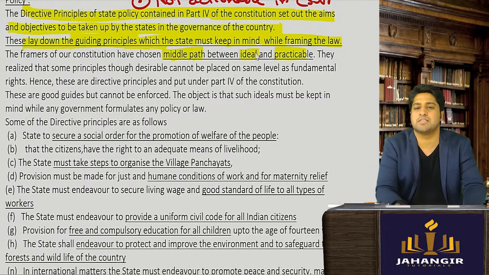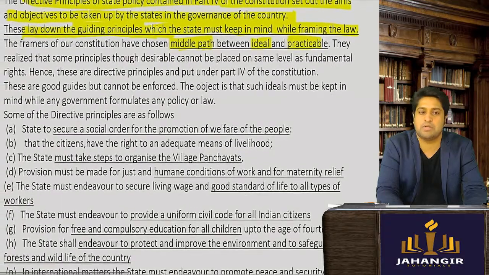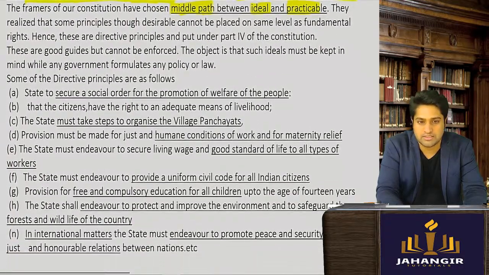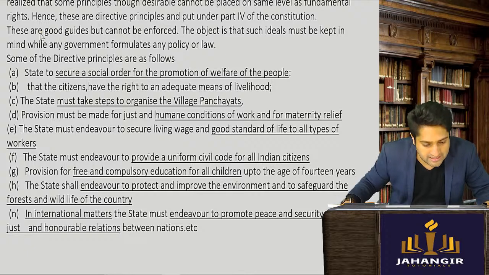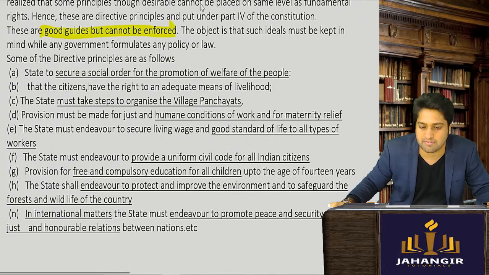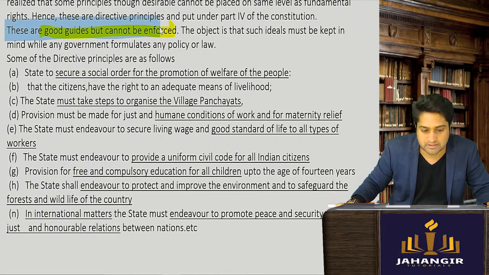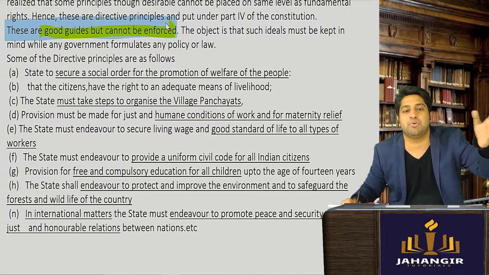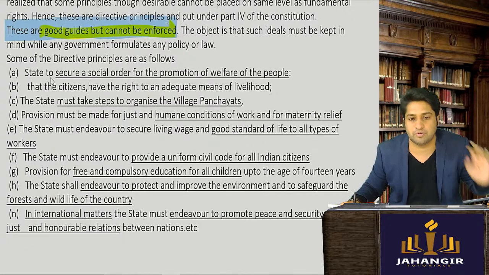Okay, so they have said that this is very much possible. You should try to make your policies. These are good guides but cannot be enforced. Very, very important line. These are good principles but you cannot force the government to give you.